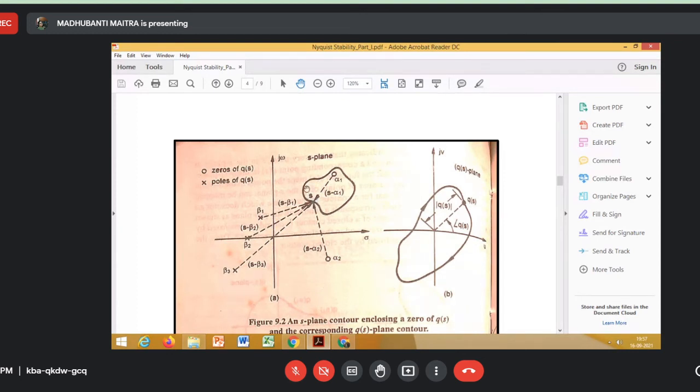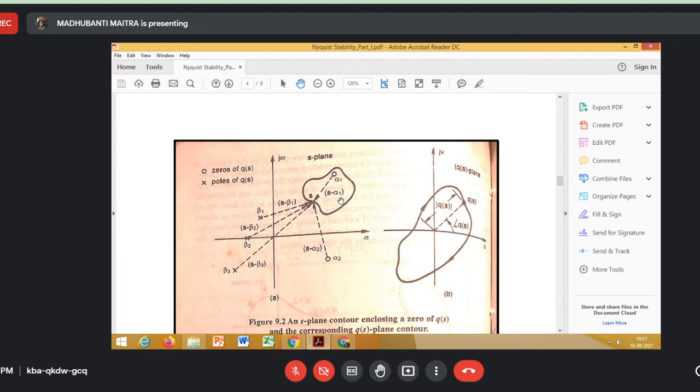As we move along this contour on the S plane, you see now this phasor will move like this. So what will be the net change in angle of this phasor? That means delta angle S minus alpha 1. It will be minus 360 degree.